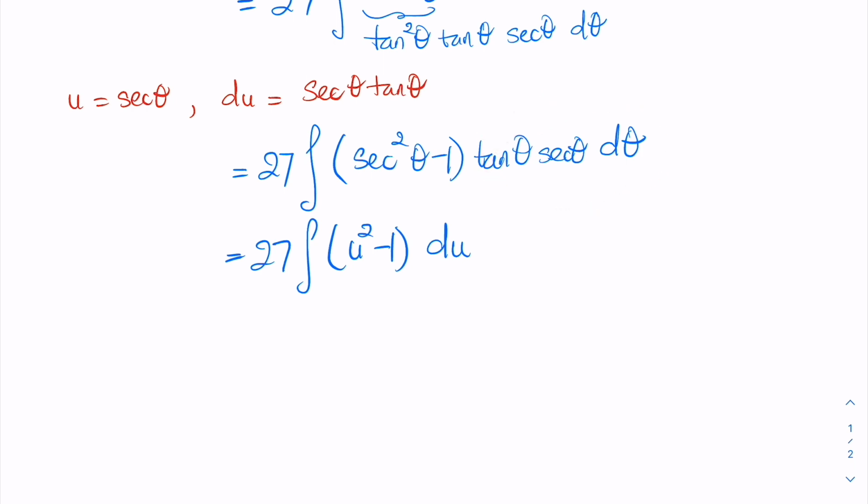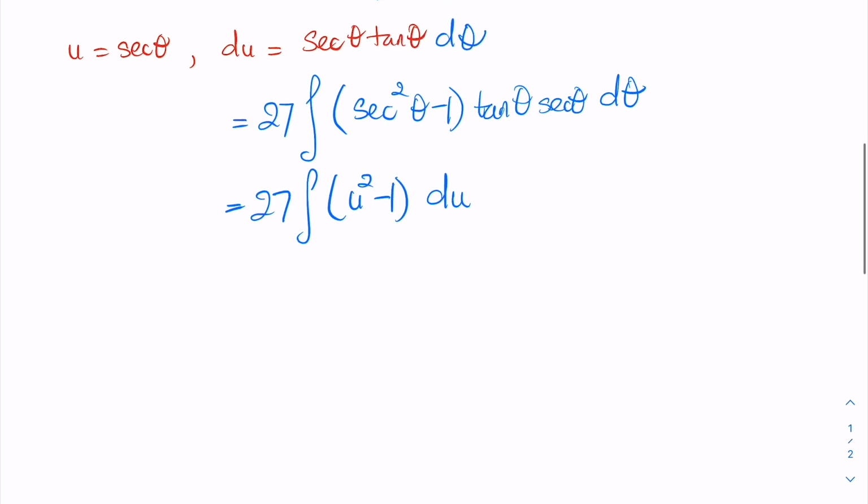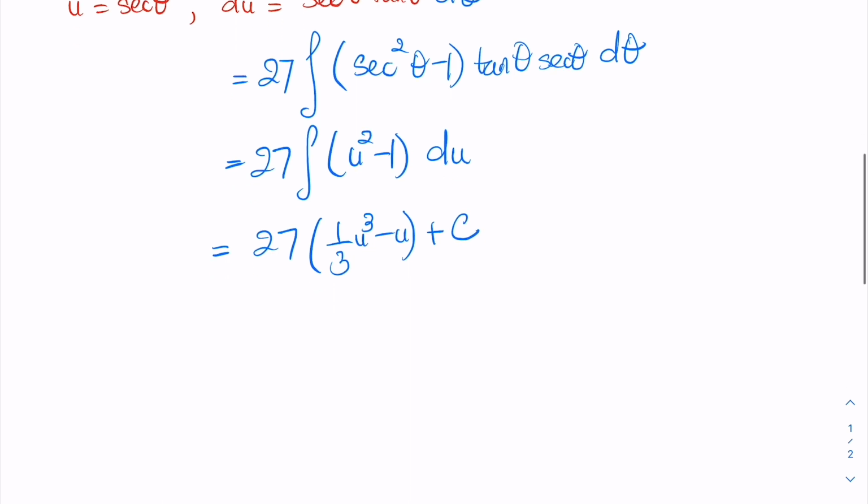This whole thing is du. So now we just integrate. I have 27 times 1/3 u cubed minus u plus c, which is 9 secant cubed theta minus 27 secant theta plus c.